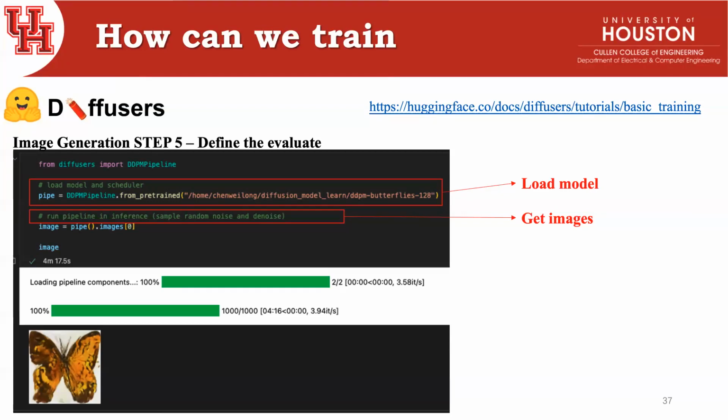Like the first one, you load these models, and the second one you do the noise processing, and you can get a picture. This is what I trained, the butterfly model.